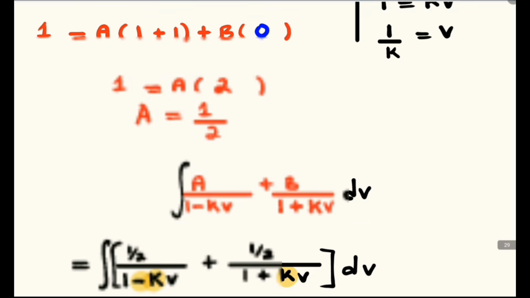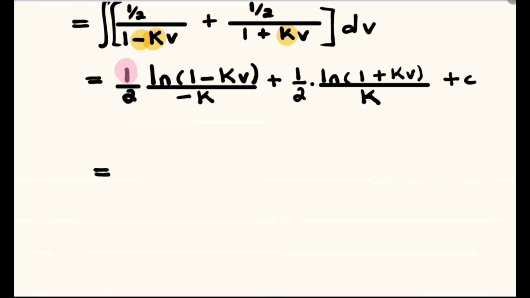So we are going to take the half as our common factor and also take 1 over k as our common factor. So we are going to have 1 divided by k, 1 divided by 2m, and multiplied by 1 divided by k into, let's write that positive ln first because of the logarithmic law that we are going to use, and then write the one which has that negative later on.